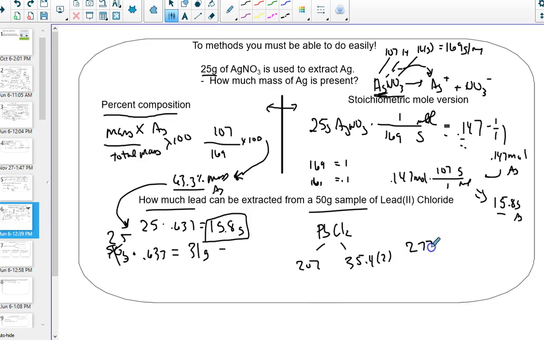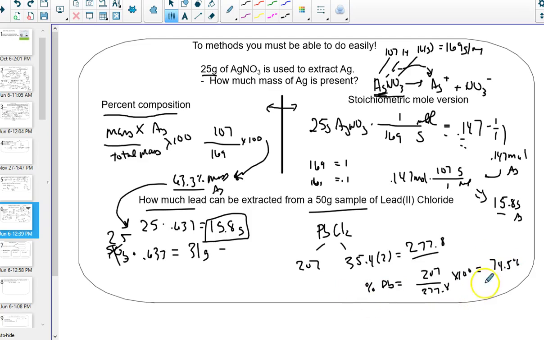So 277.8. Sometimes I like this method better because I've just done the molar mass. So all I got to do is the percent lead, Pb, equals 207 divided by 277.8 times 100, which is going to give me my percentage lead. 207 divided by 277.8, and I get 74.5%.